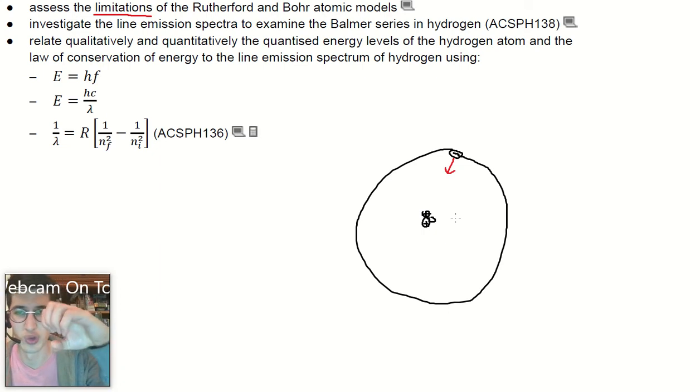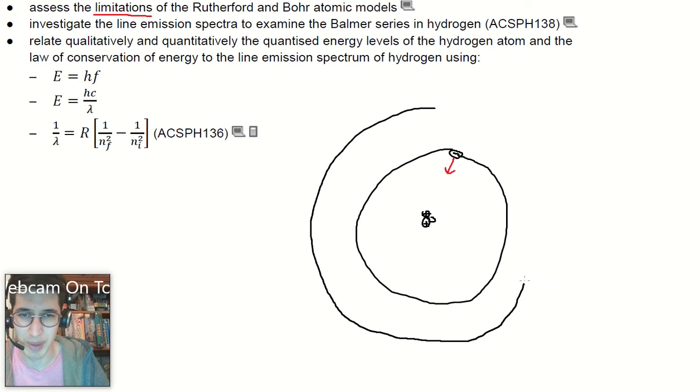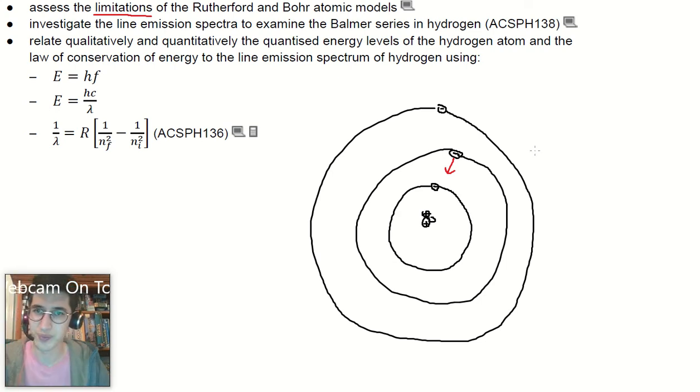And if you grab the charge and you move it further away from the center, that increases its potential energy. So it makes sense that the bigger the orbit, if the electron is up here, it has more of that potential energy. And if it's in a lower orbit, it has less energy. So he said that electrons exist in shells that have certain amounts of energy.